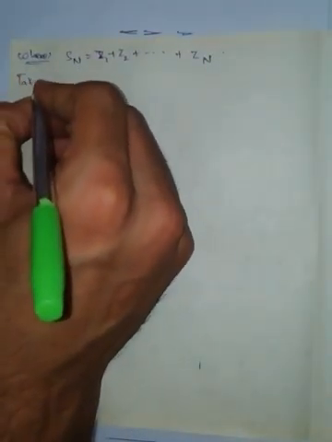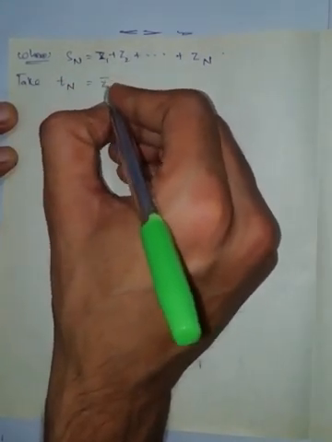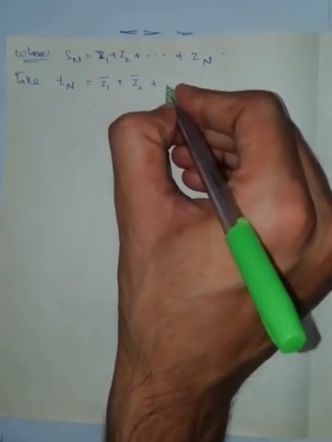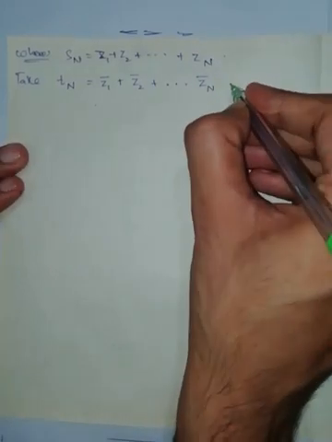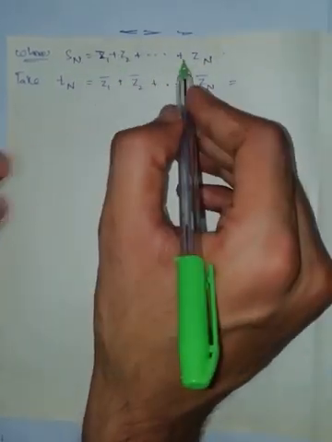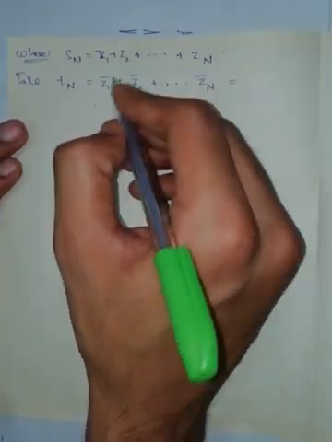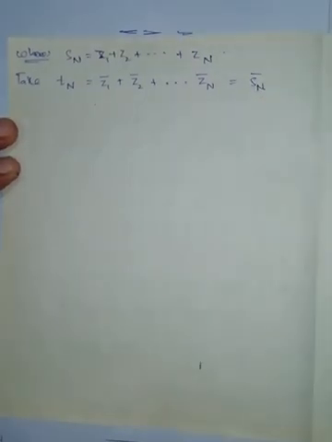Take Tn as conjugate of z1 plus conjugate of z2 plus so on conjugate of zn, which is nothing but, if I take conjugate to Sn, then conjugate of z1 plus z2 is conjugate of z1 plus conjugate of z2. This one is nothing but conjugate of Sn.